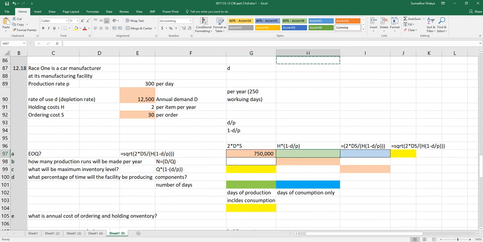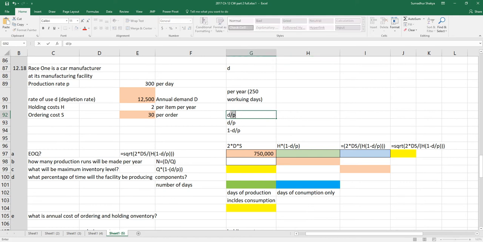For the denominator part, before I do all of this, I'm going to calculate the D by P first. So let me calculate the depletion rate. Depletion rate is 12,500 divided by 250, and then the depletion rate divided by the production rate.